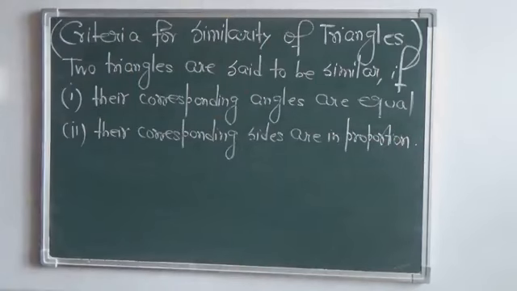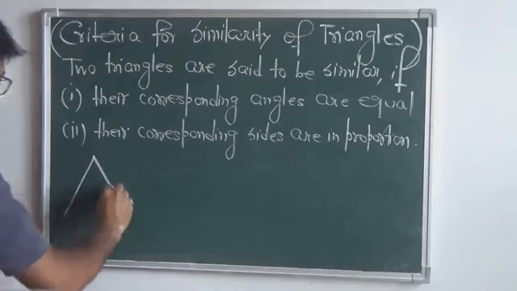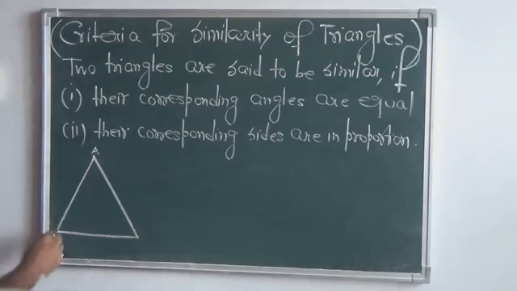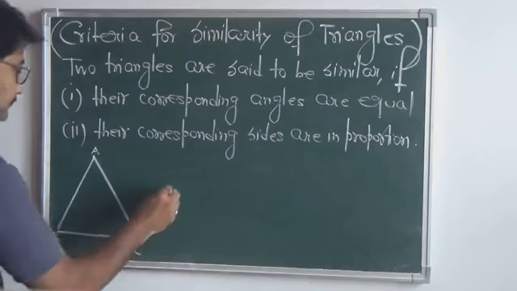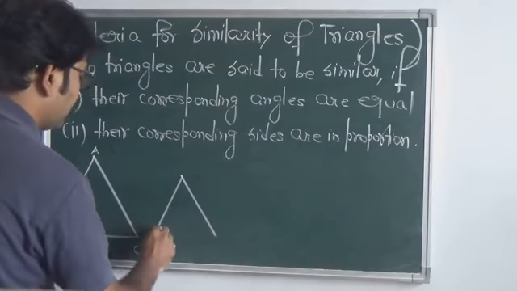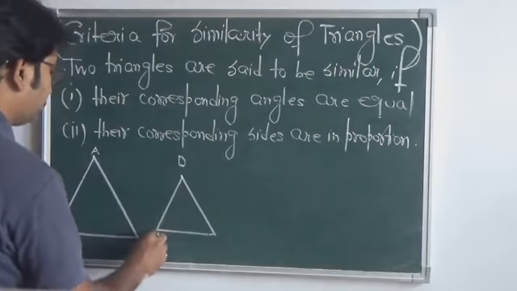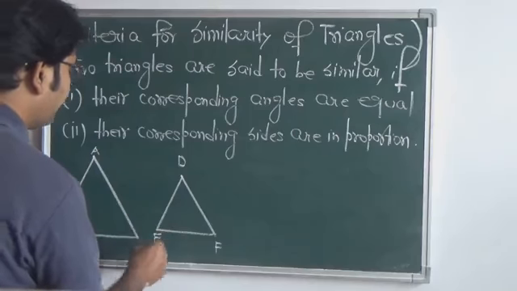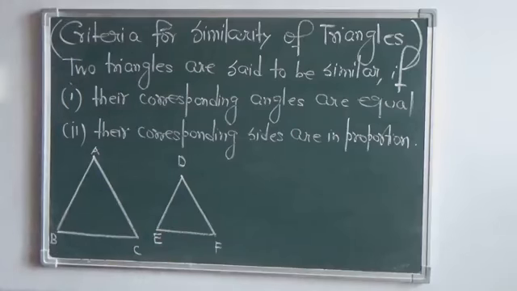So two triangles are said to be similar if their corresponding angles are equal and the corresponding sides are in proportion, or you can say are in the same ratio. So let us draw the two triangles. You can very easily make out that the triangles that I am drawing have the same shape but obviously not the same size.